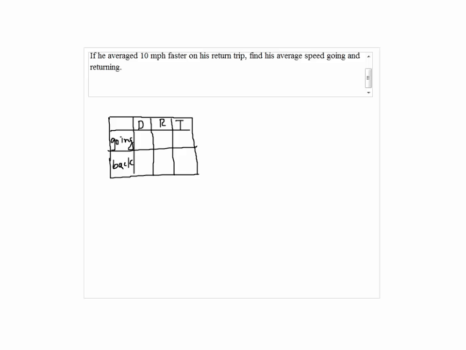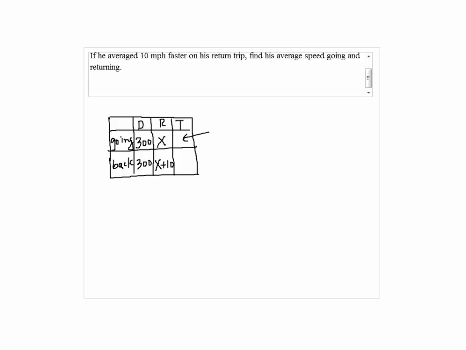Since one way is 300 miles, we have 300 miles for both going and coming back. Now he averaged 10 miles per hour faster on his return trip. If we let the speed for going equal x, then the coming back speed will be x plus 10.